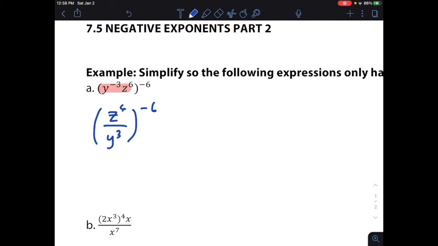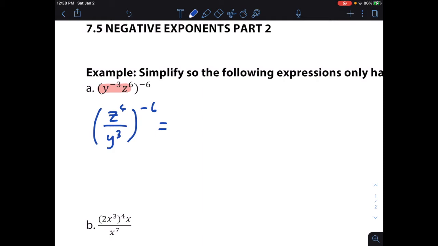I'll show you this method first that I started here, since we have it started. So we have z to the sixth over y to the third, and it's all to the negative sixth power. If we apply the power rule now, and you know what, actually there's a third way we could do this, but if you see it, that's great.